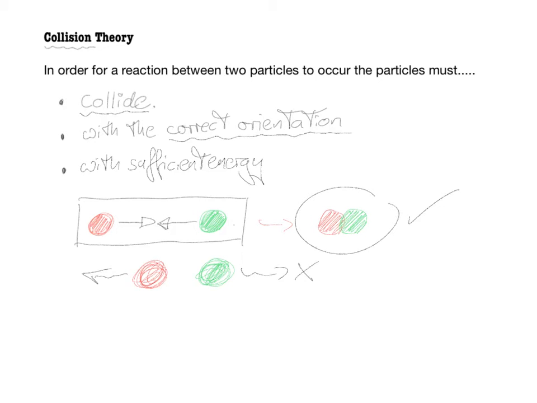Now, that sufficient energy is dependent on the exact reaction that you're dealing with, and that sufficient energy has a name. The minimum amount of that energy is called the activation energy.